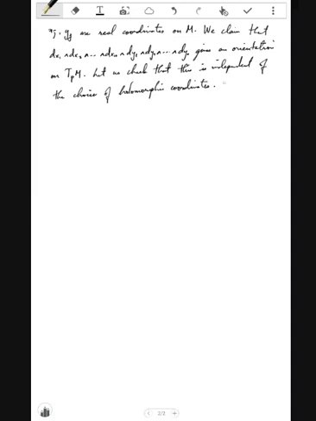So suppose we choose coordinates w1 through wn, then wj is equal to xj prime plus i times yj prime.